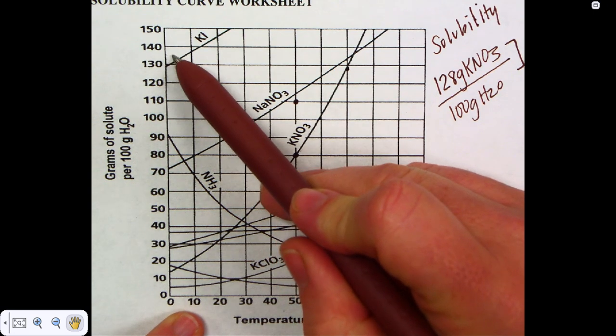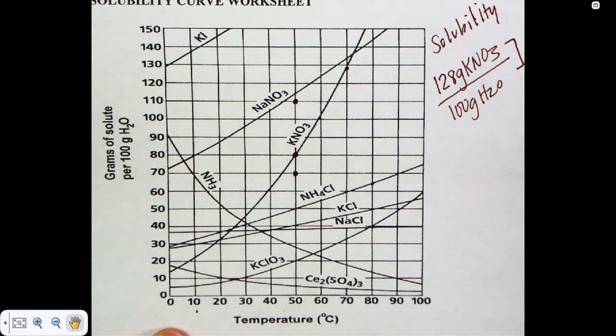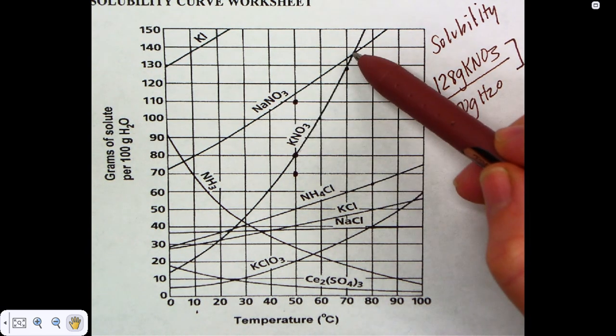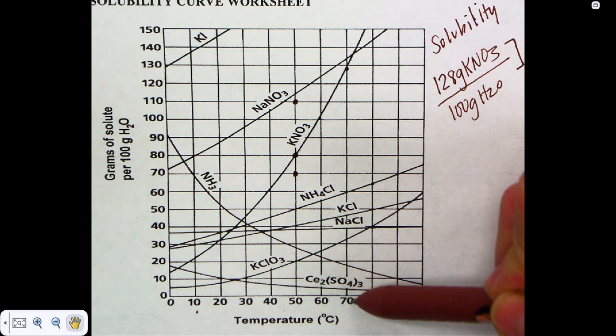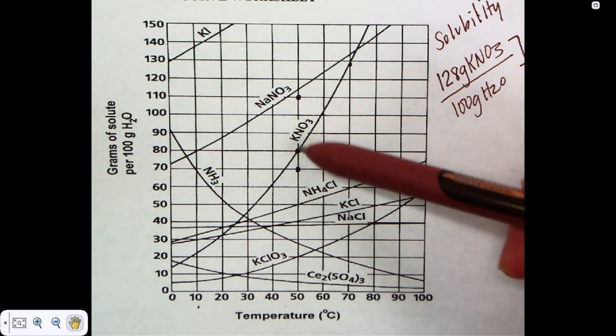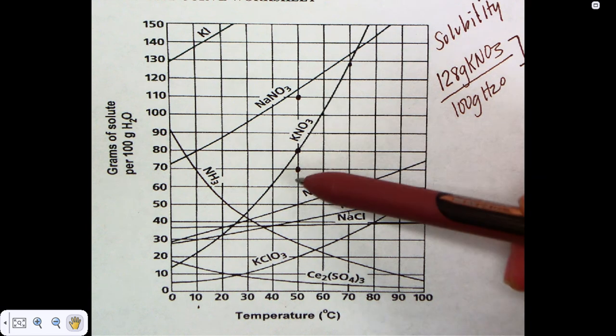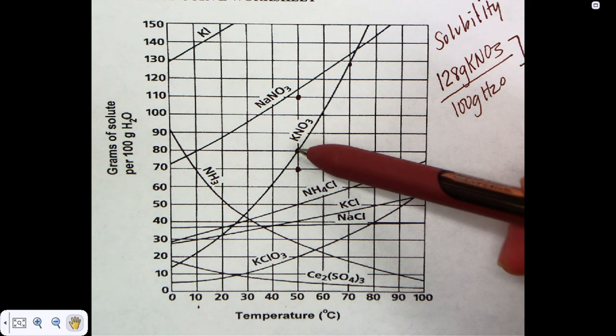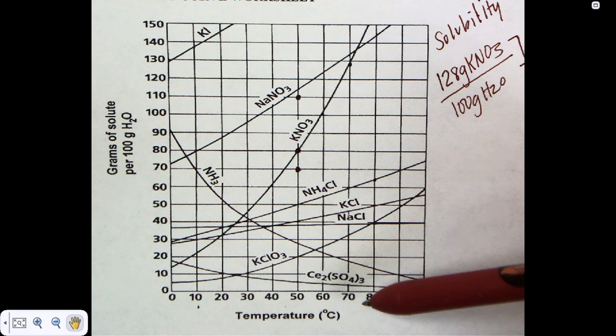So 138 grams, potassium iodide, about 10 degrees Celsius. You could also be asked to compare the solubility of two samples. At what temperature do equal amounts of sodium nitrate and potassium nitrate dissolve? I would look and see where their two lines intersect, and then look up the temperature, so like 72 degrees. So it's basic graph reading. But the biggest thing that you need to realize is that a data point above the line is supersaturated, a data point under the line is unsaturated, and a data point exactly on the line is saturated.